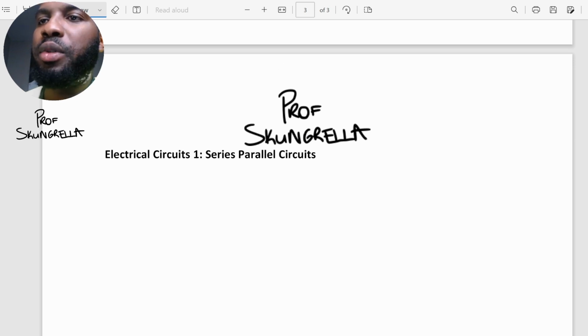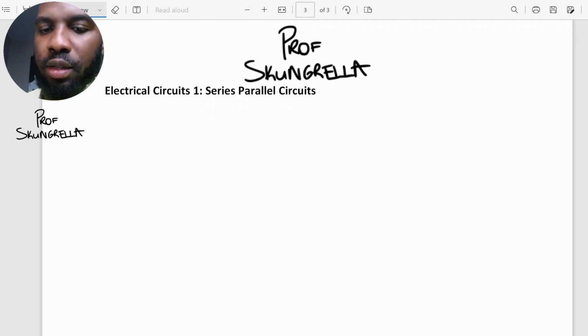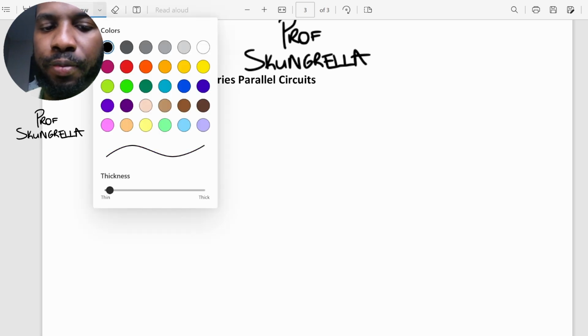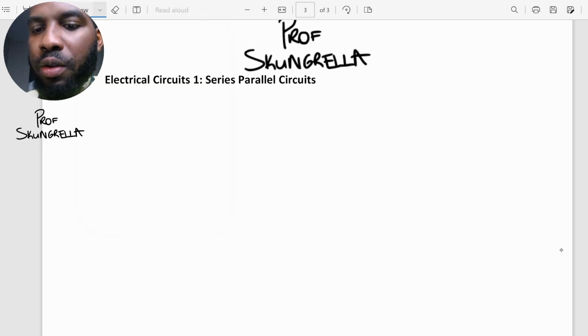All right. In this example, we have a rather complex circuit. Right, so this is our circuit right here. I'm going to draw it on this side. The circuit is here.